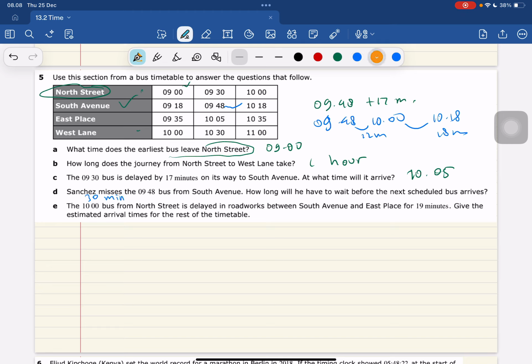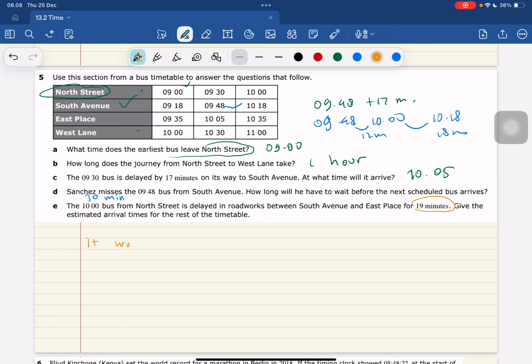E. The 10 o'clock bus from North Street is delayed in road works between South Avenue and East Place for 90 minutes. Give the estimated arrival times for the rest of the timetable. So it will be, here let me write.